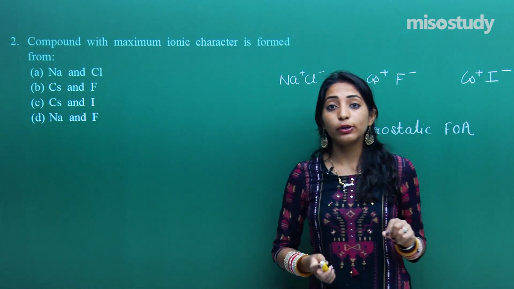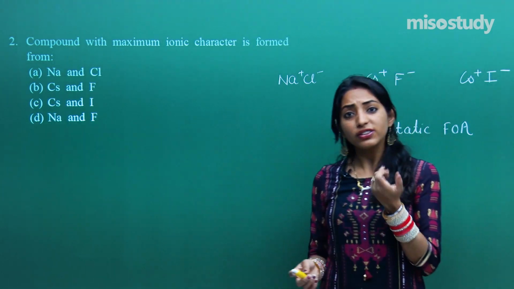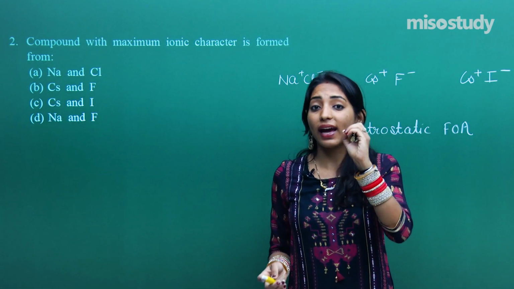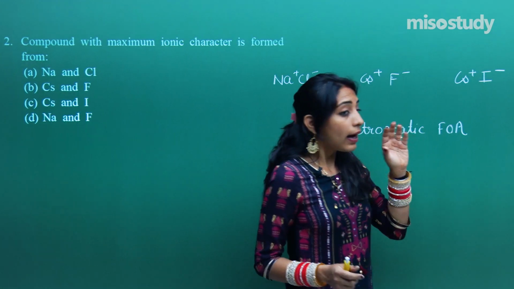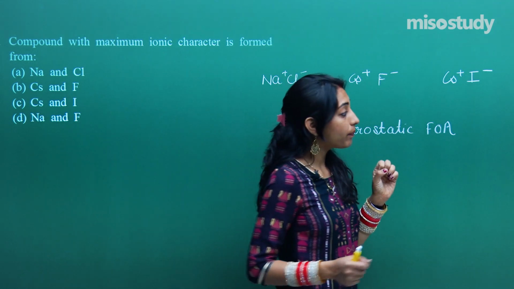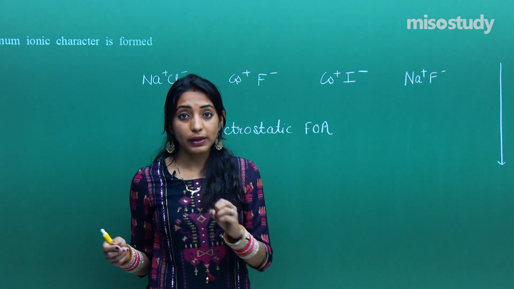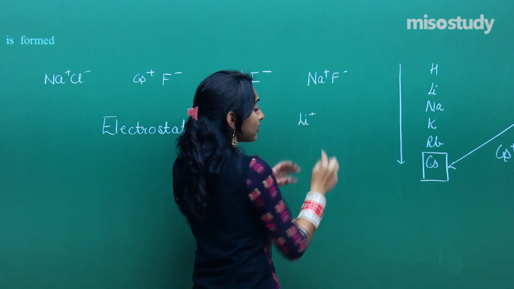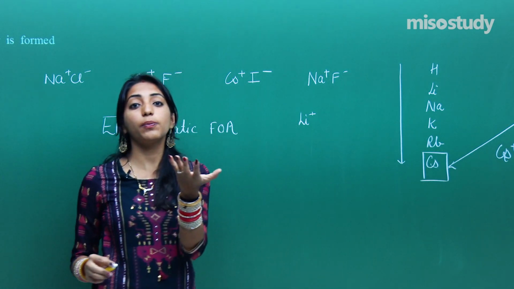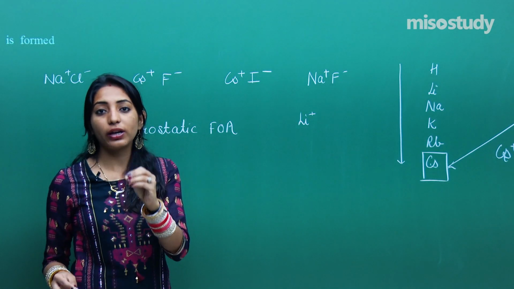One more thing I'll tell you: for maximum ionic character we need to bring into account Fajans' rule. If covalent character is minimum, ionic character will be more. I want the cation to be bigger so that its polarizing power is minimum. Lithium+ is the smallest cation, so it has maximum polarizing power. Rather, I want the cation with least polarizing power.